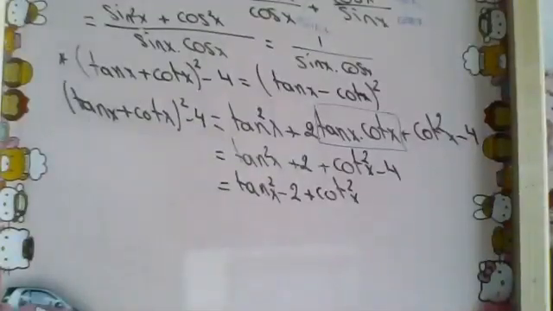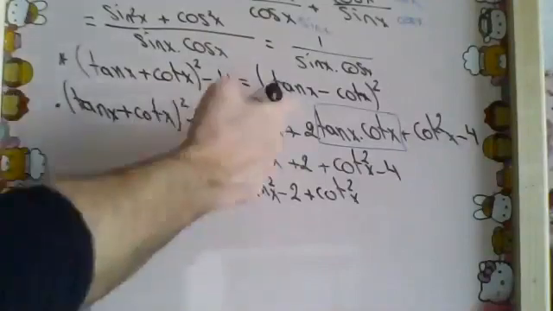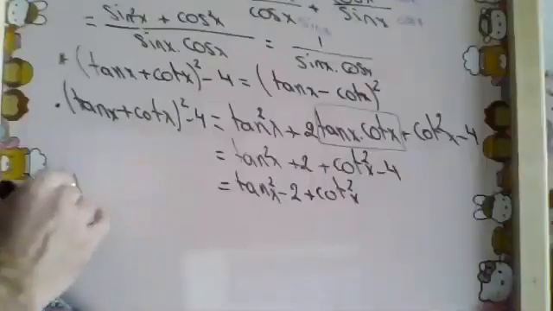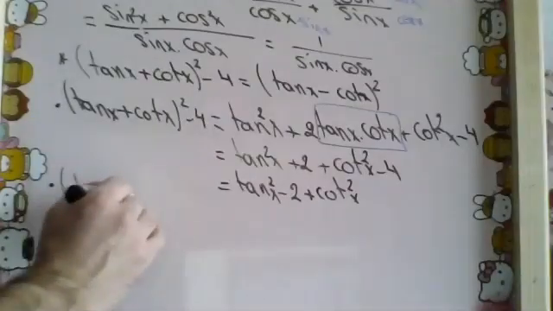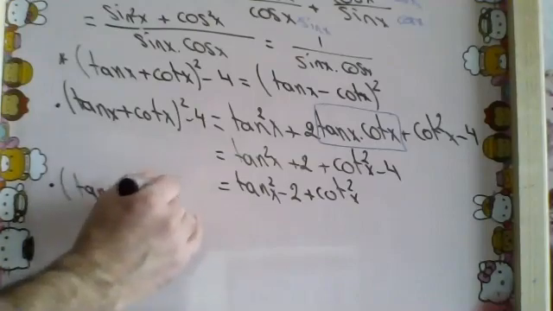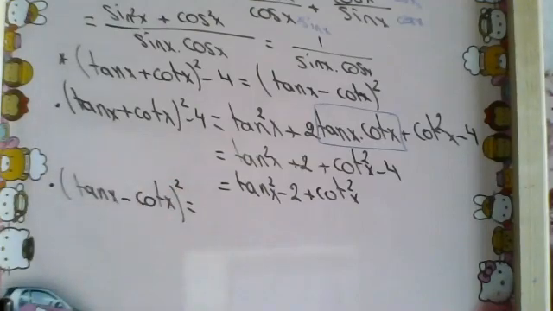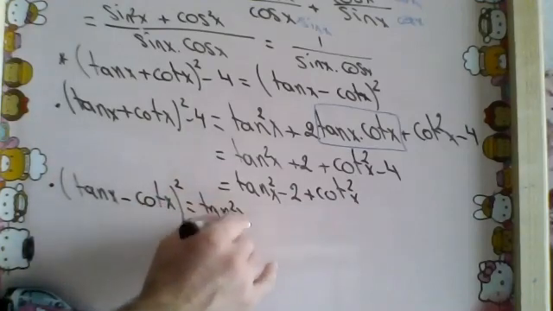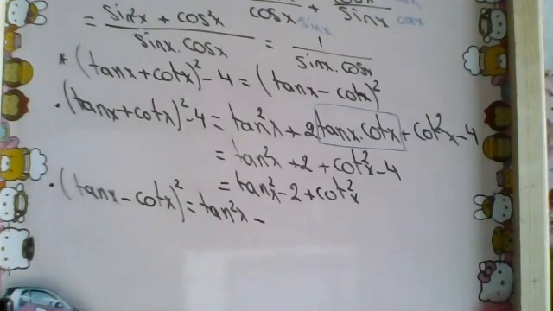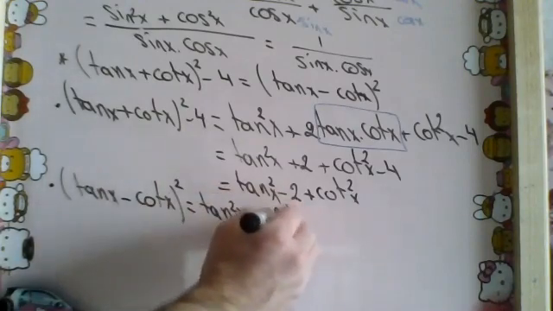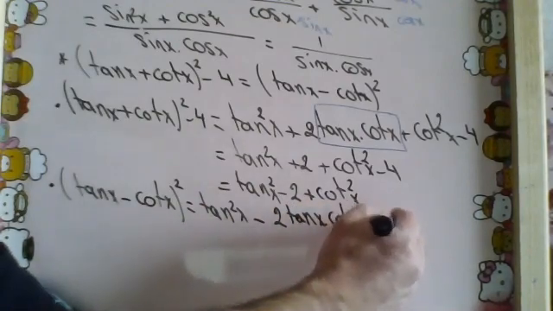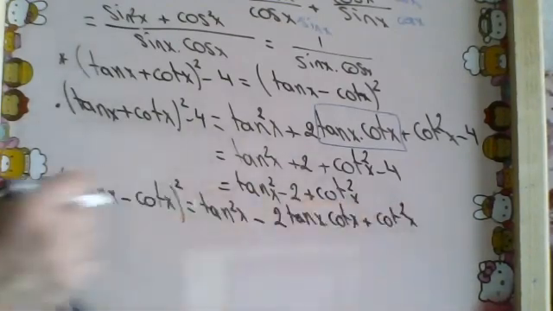Simplify again the right side. Which is tangent x minus cotangent x, all squared. It becomes tangent squared x minus 2 into tangent x and cotangent x plus cotangent squared x.